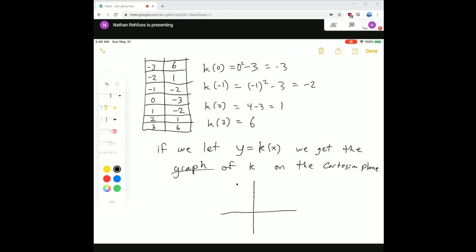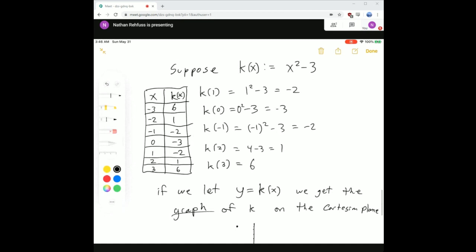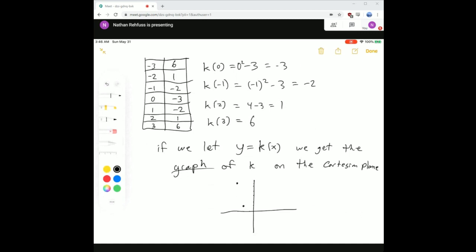So here's -3, 6, -2, 1, -1, -2, 0, -3, 1, -2, 2, 1, and 3, 6. Those are the 7 points I have listed on my table.